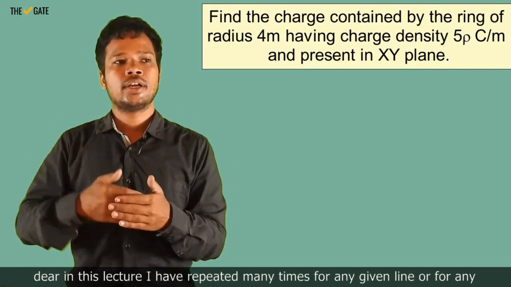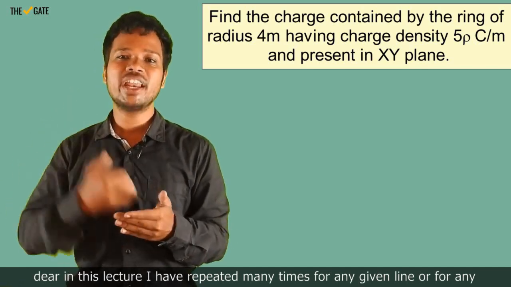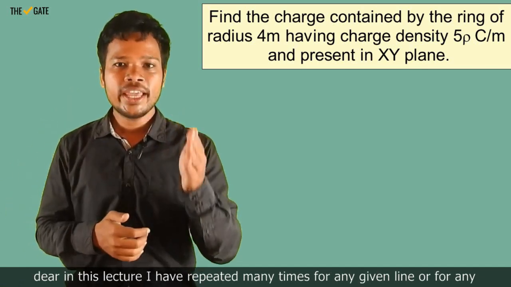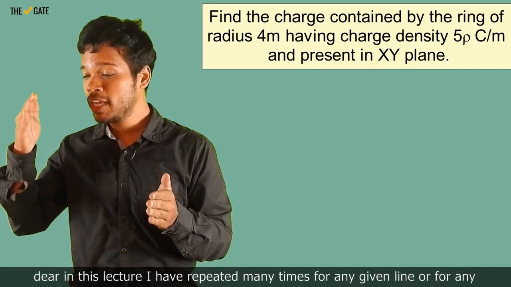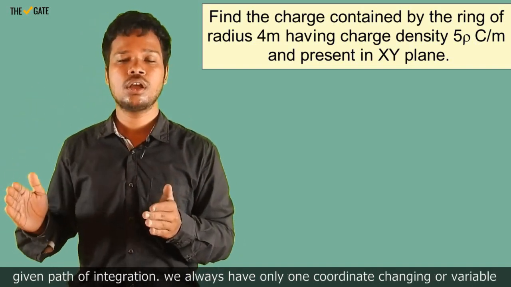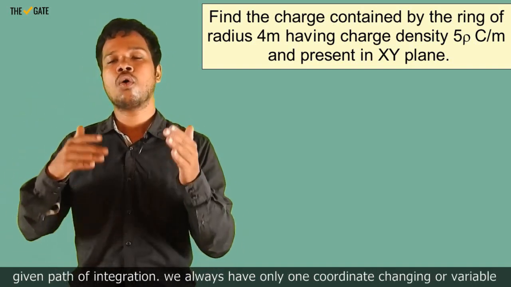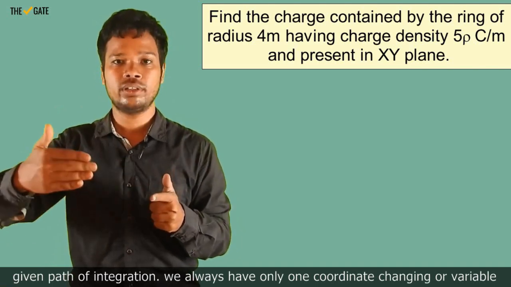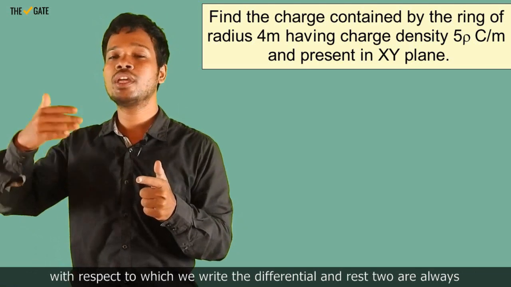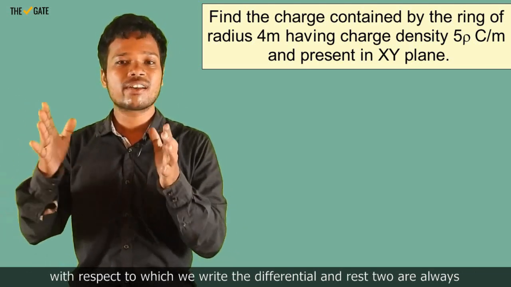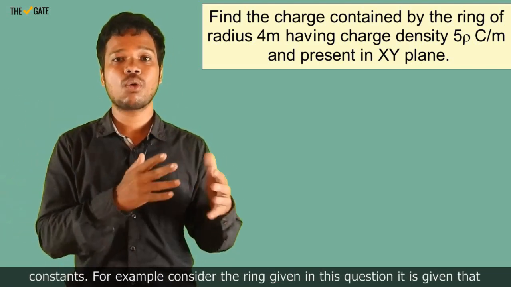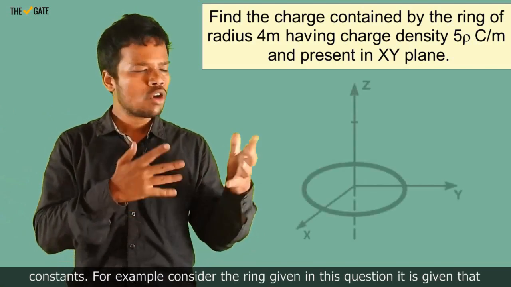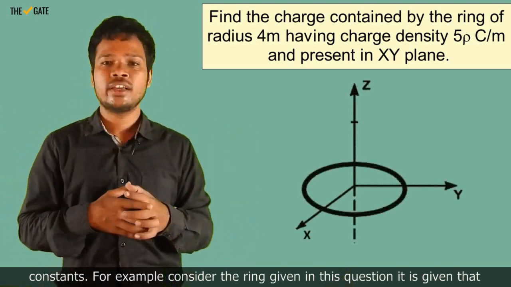Now, my dear, in this lecture I have repeated many times, for any given line or for any given path of integration, we always have only one coordinate changing, or variable, with respect to which we write the differential, and the rest two are always constants. For example, consider the ring given in this question.